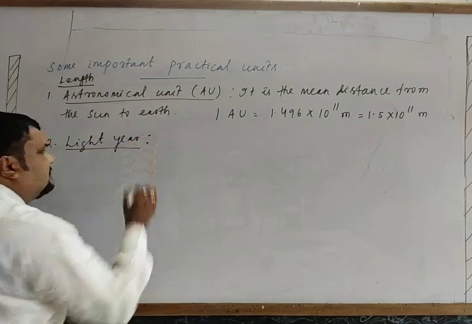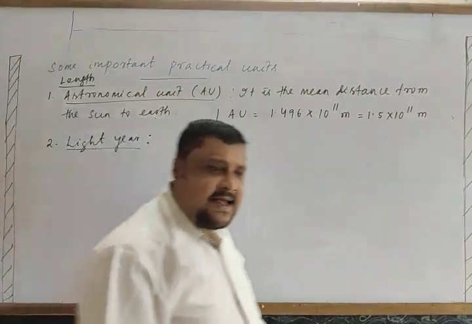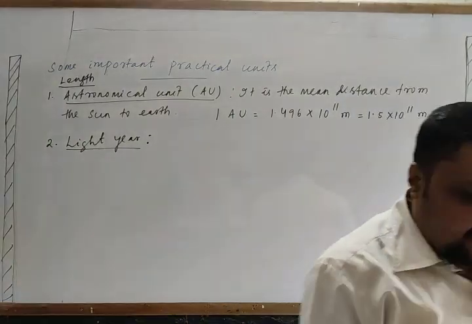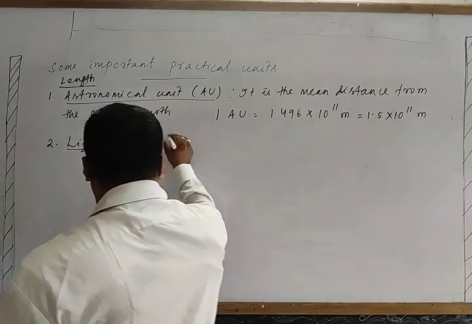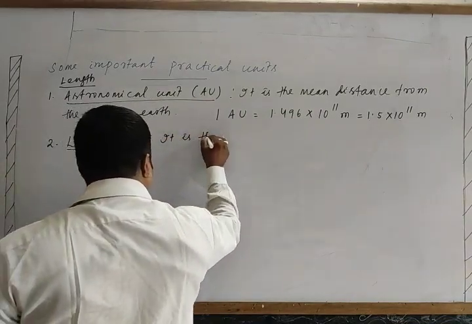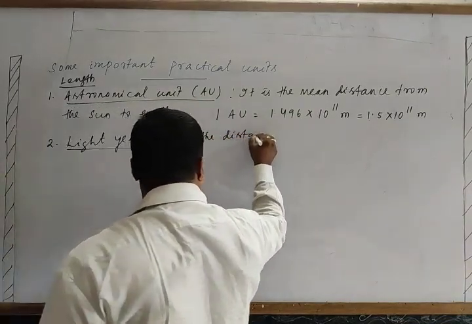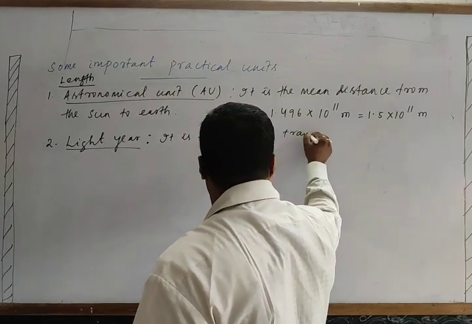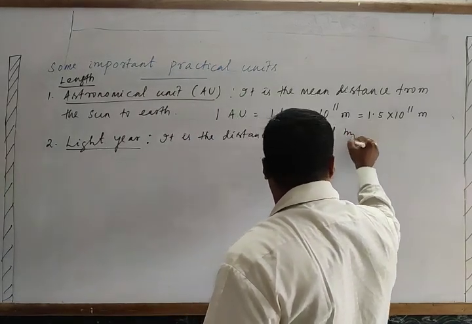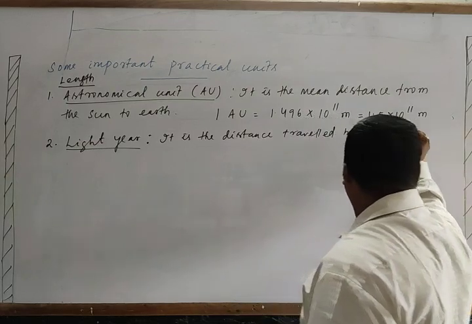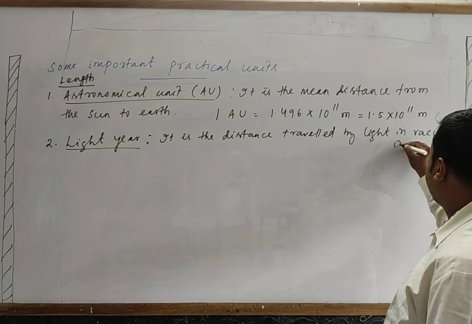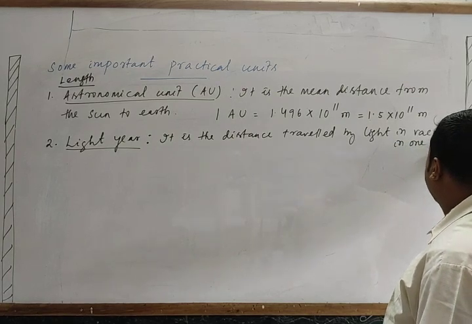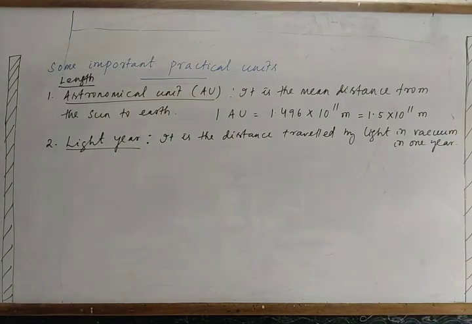It is the distance traveled by light in vacuum in 1 year.